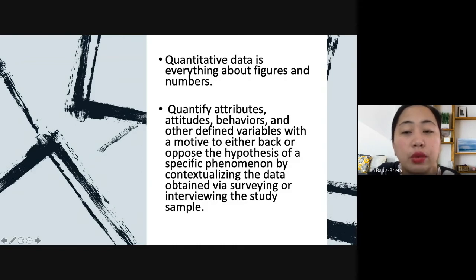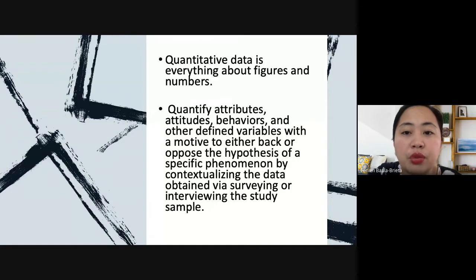tends to quantify attributes, attitudes, behaviors, and other defined variables with a motive to either back up, support, or oppose the hypothesis of a specific phenomenon or your hypothesis in the study.